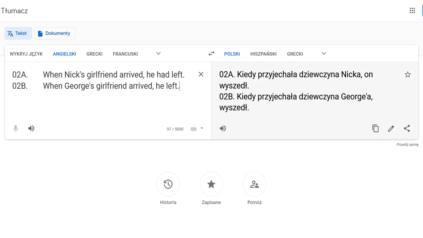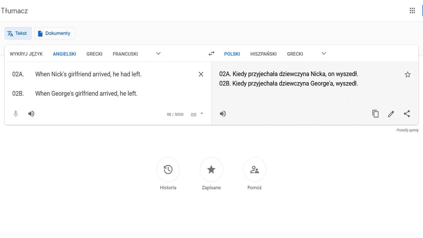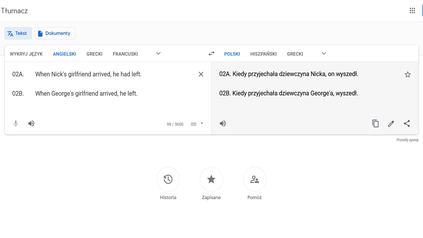So what's the difference? Well, the difference is that here in the first sentence, the context indicates that something has been completed or has not been completed.